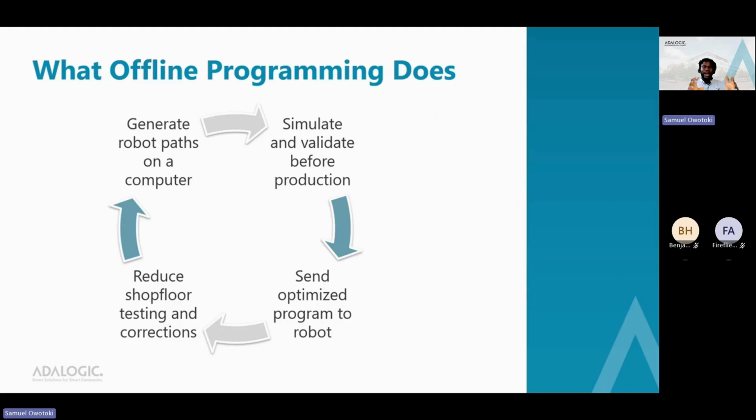After this simulation, you can export the code and transfer it to your robot controller. From your robot controller, you can then go to the robot line just one time to see what you've done, after which you can come back to calibrate till you get the final result you need.